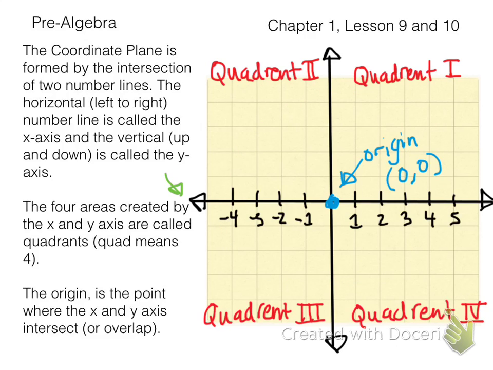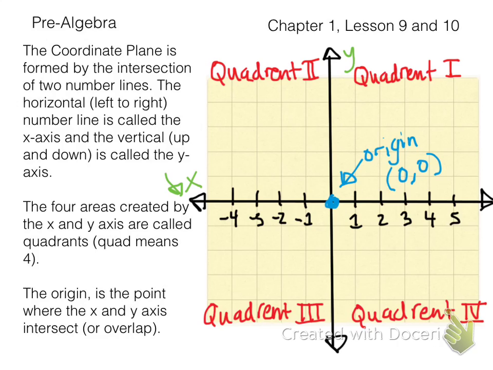All right, next up. Just so you know, the axes are actually number lines. If this is the x-axis and this is the y-axis, they are number lines. On the right side of the x-axis we have the positive numbers, and on the left side of the x-axis we have the negative numbers.